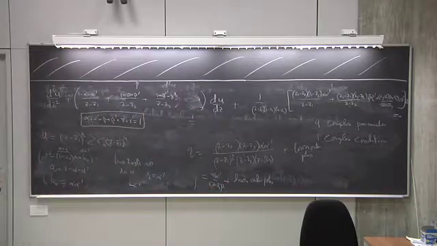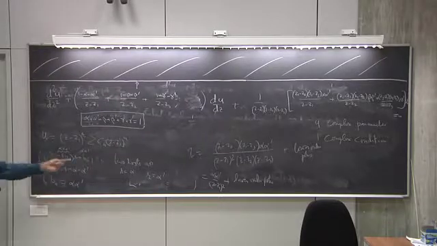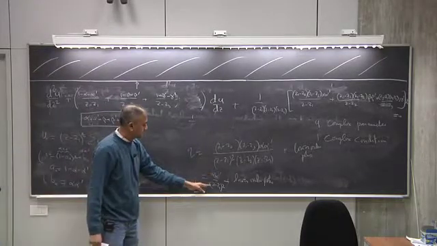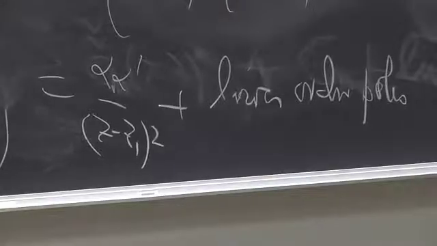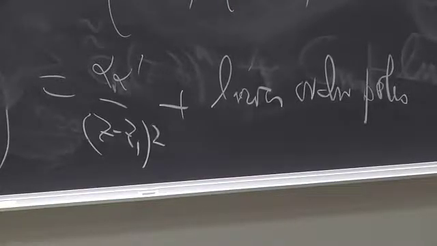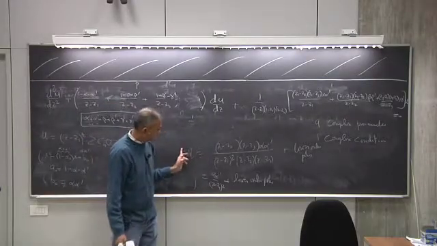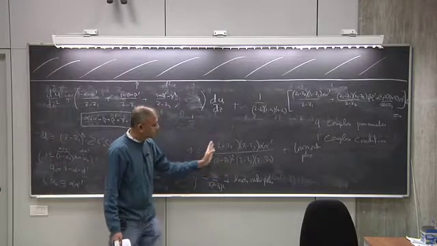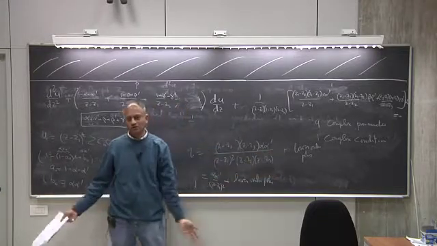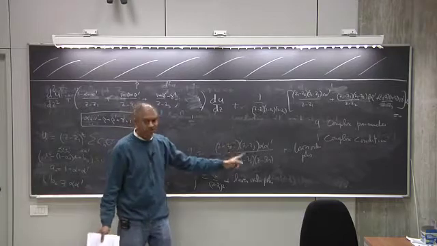If I want to compute this coefficient, I can multiply Q by Z minus Z1 squared and then take Z equal to Z1. That's an easy way of doing it. When you multiply by Z minus Z1 squared, this cancels, and whatever remains you substitute Z equal to Z1, in which case this cancels.